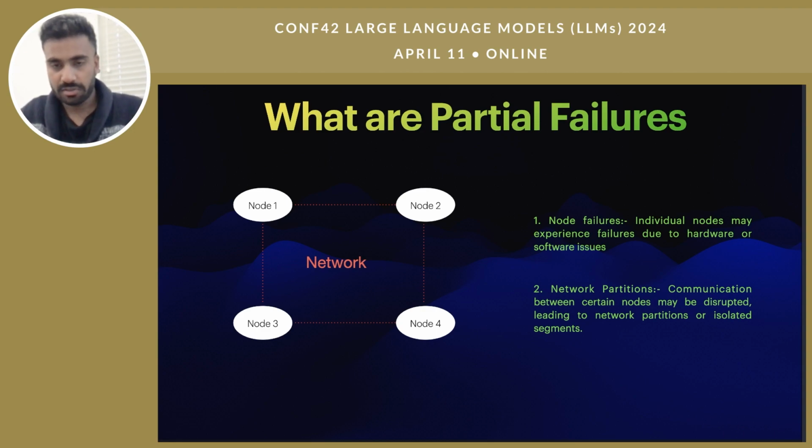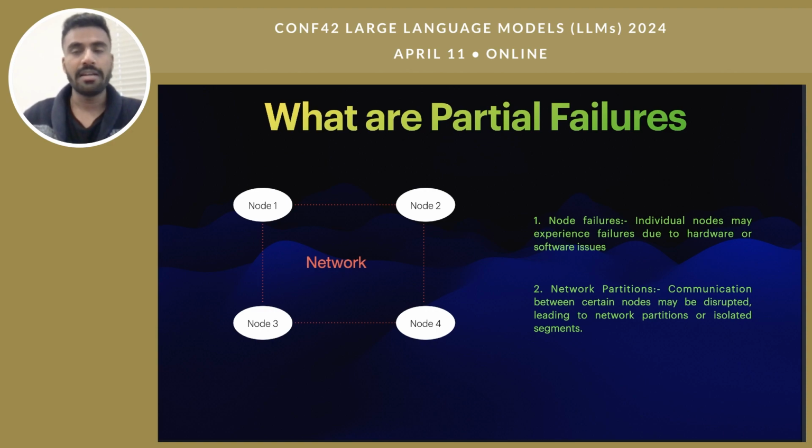And the partial failures can be of two types. Node failures, individual computers and individual systems may experience failures due to hardware or software, right? It's very much possible. Or network partitions, where these systems interacting with each other may be disrupted due to some bad network and leading to some network partitions or isolated segments, unable to reach, or connectivity issues and things like that.